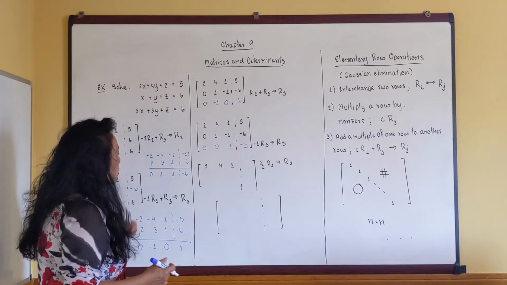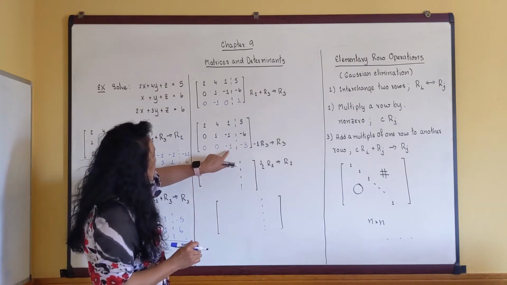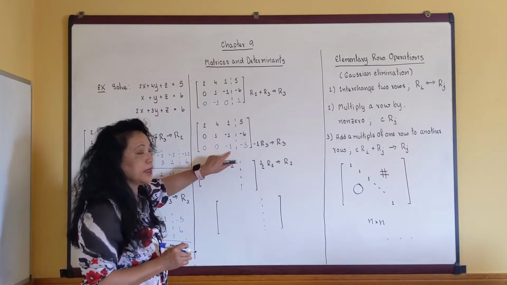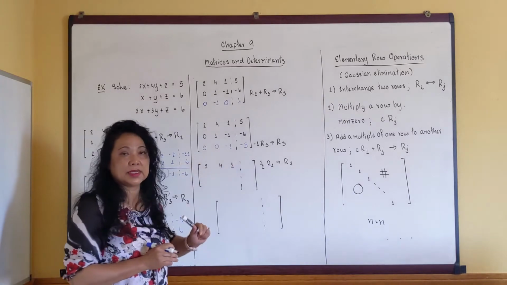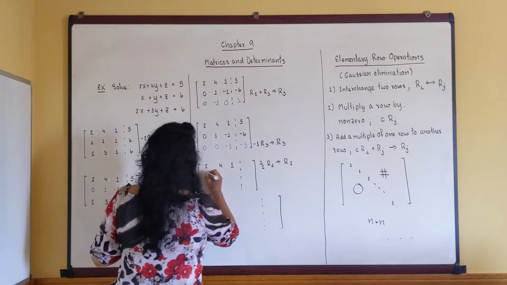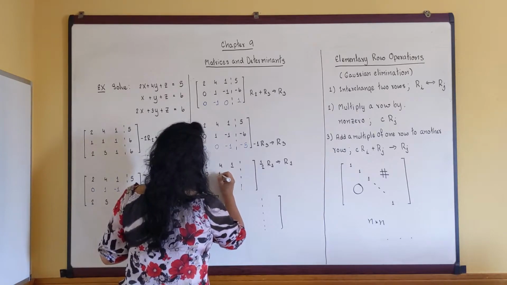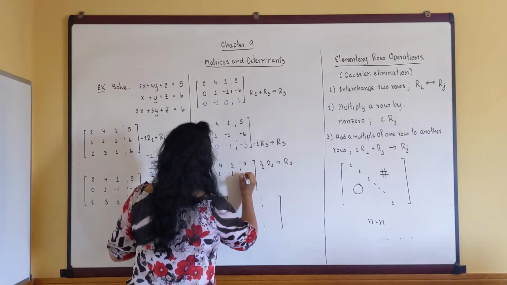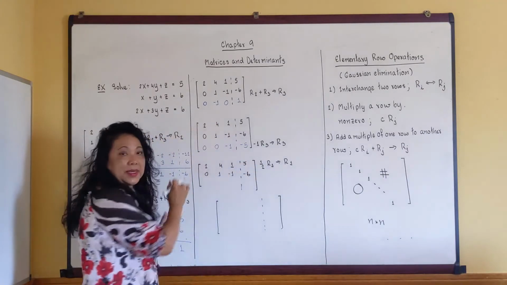And I'm done. So I'm thinking, well, for me to get 1 here, I have to multiply everything by negative 1, then I'll get 1 here, and I still keep my 0, right? So let's keep the second row: 0, 1, negative 1, negative 6, all right? I'm just copying it.